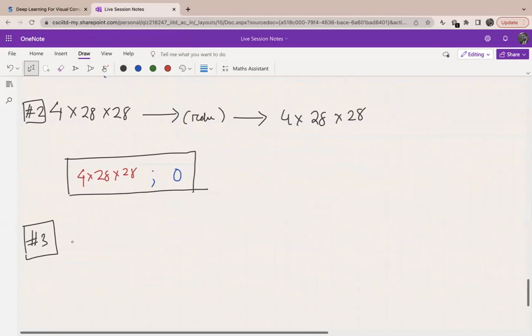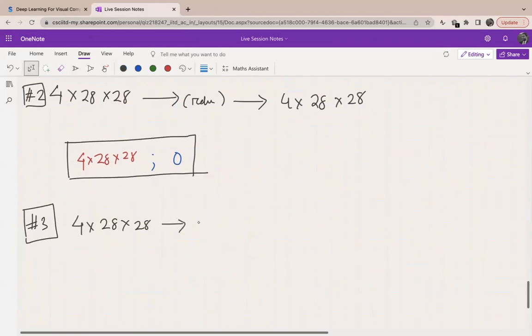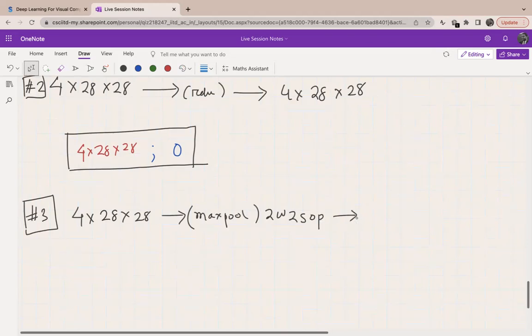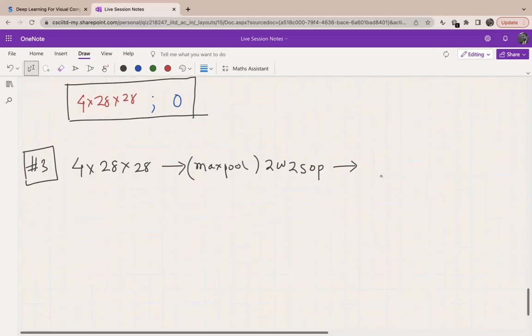So we had 4 cross 28 cross 28. We pass it to max pool, and the configuration is 2W 2S 0P. I mean, the width is 2, stride is 2, and padding is 0.